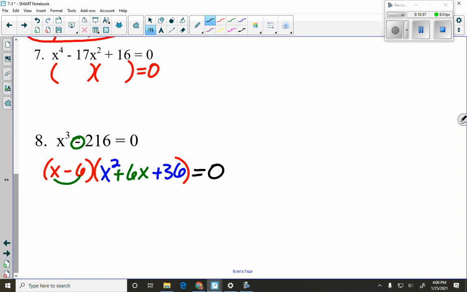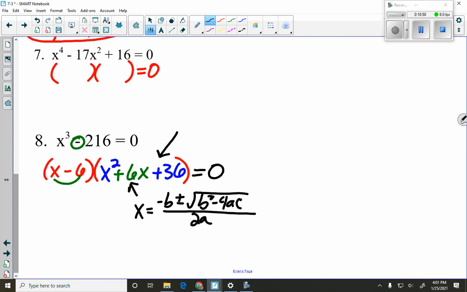Now, that is quadratic, but this never factors. So you're going to have to put this in the quadratic formula. x equals negative b plus or minus the square root of b squared minus 4ac all over 2a. That's what you're going to need to do this part.